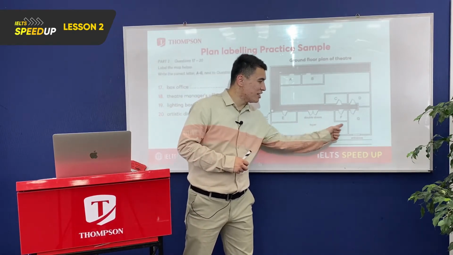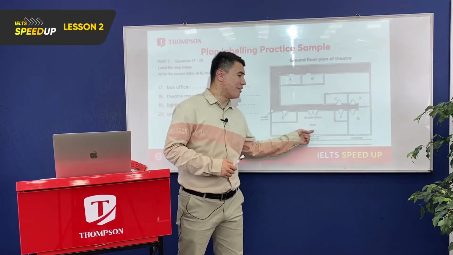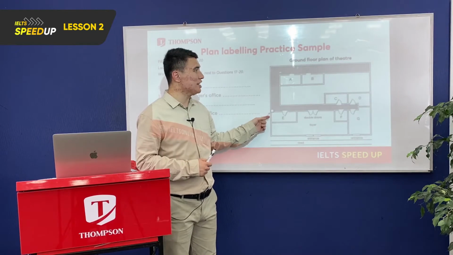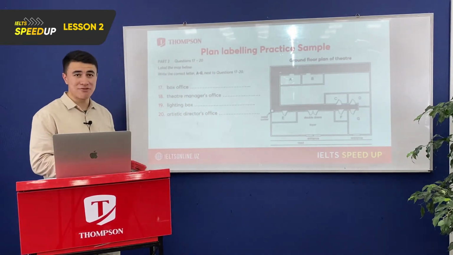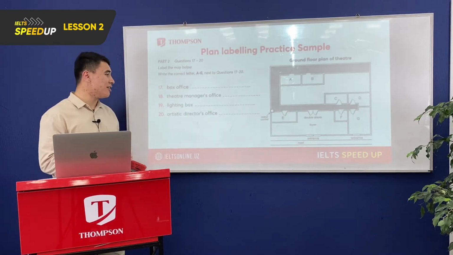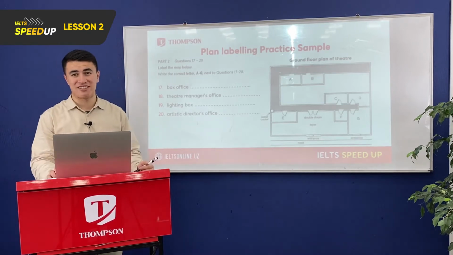One is here, the other one is on the right side. And here you have a foyer, double doors, we have a water cooler, and let's start. We should identify the location of the box office, theater manager's office, lighting box, and artistic director's office.